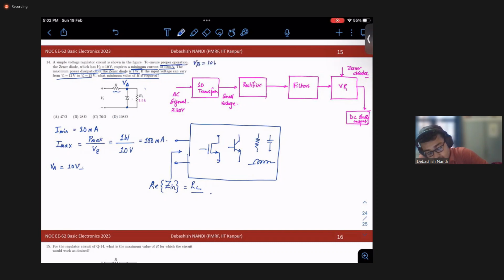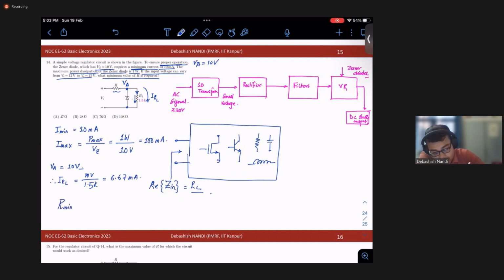Then what is your current through this RL? IRL is nothing but 10 volt by 1.25 K, that is 6.67 milliampere, right? This current you know, this voltage you know, you need to find out the R minimum.